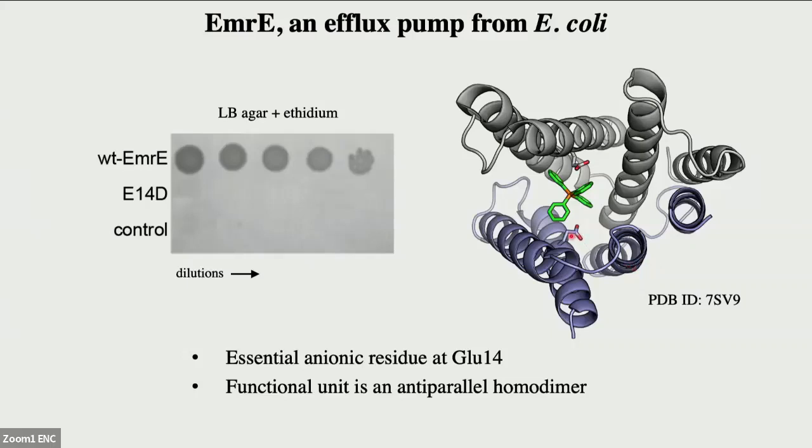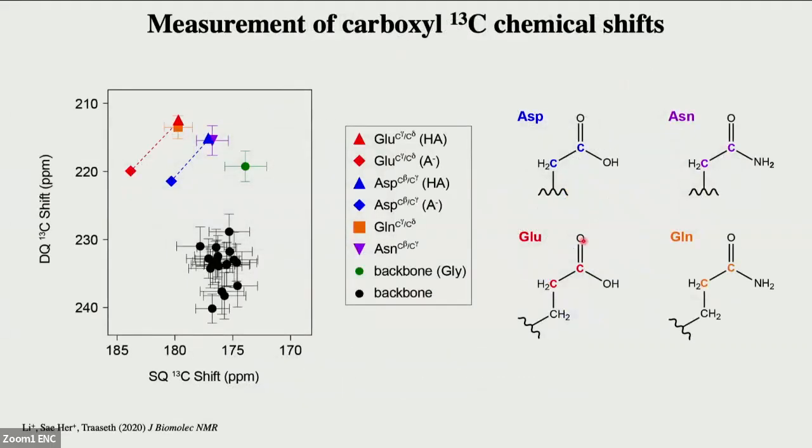So one of the key questions then was to try to understand the role of this key catalytic residue in this transporter, which is this glutamate 14 residue. We envisioned that a useful approach to investigating the specific protonation state of the glutamate residue would be to use solid state NMR, namely a double quantum, single quantum experiment.